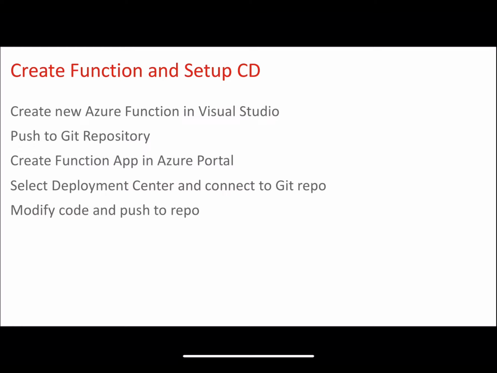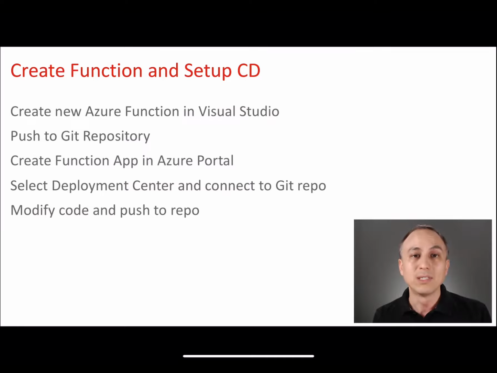It's much easier to just open Visual Studio, use one of the templates, and create the base function. Once you have that base function, you just need to push it to a Git repo. So in my case, I use Bitbucket, so I created my Azure Function project and pushed it to my Bitbucket repository, and that was the base setup that I had to do on a workstation or Windows laptop.